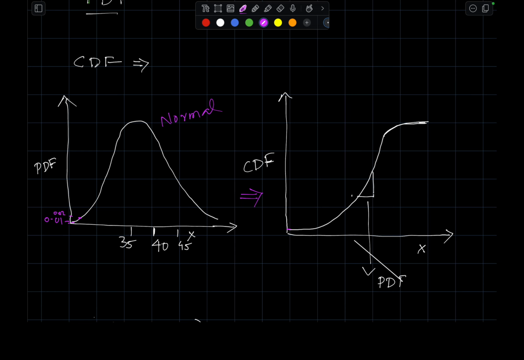So here it will be 0.01 plus 0.02, and this particular value over here, which corresponds to this one, will be 0.03. So like that it will keep going, similarly to how we did in case of the probability mass function for the discrete case. Here also it will be the added probabilities.